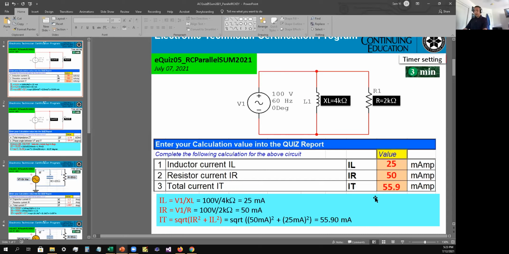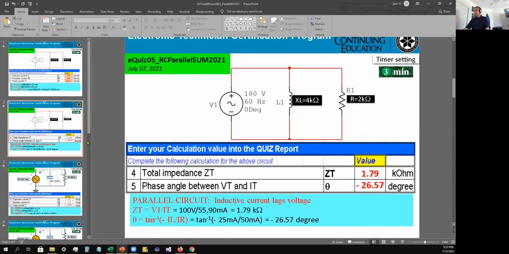All right, next one. The total impedance. We can use the formula ZT equals V1 divided by I total.